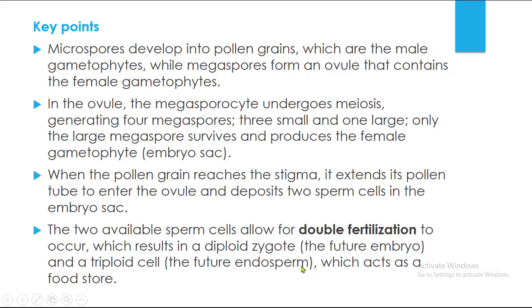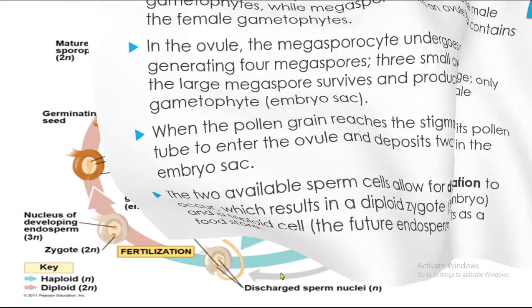Endosperm stores food for the embryo in the seed. In the seed, you already know there is a cotyledon, and inside it is the embryo. The endosperm stores food, and during seed germination, since the seed cannot undergo photosynthesis, it uses the stored food in the endosperm in order to germinate.